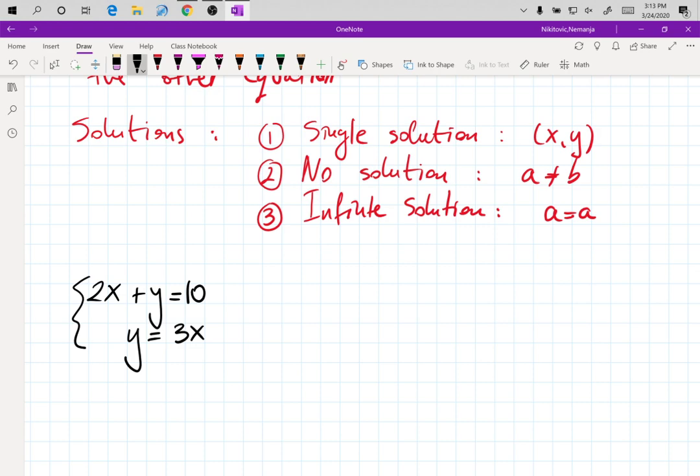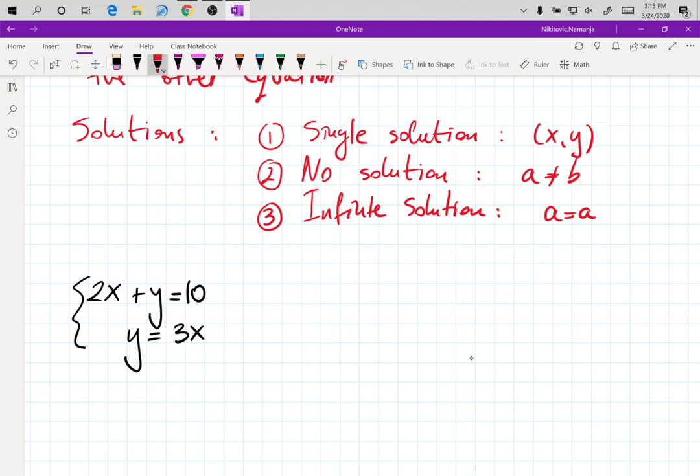We see that the second equation has this solved for y, right? So that means that y is equal to 3x, and I can plug that in here. So that's the idea: plug in or substitute. You solve one equation for x or y, and you plug that into the other equation.